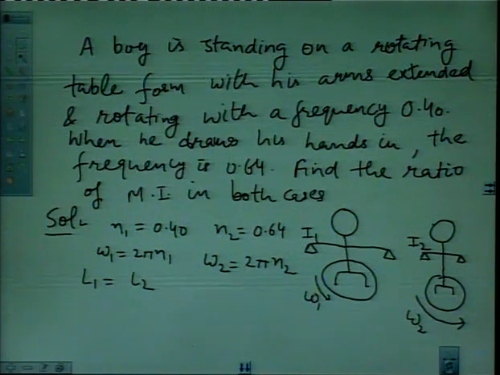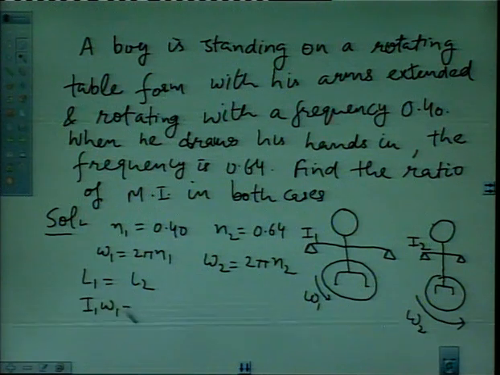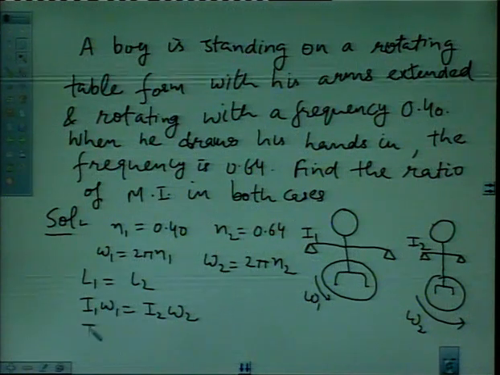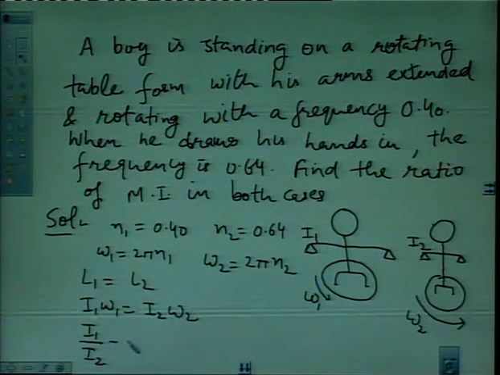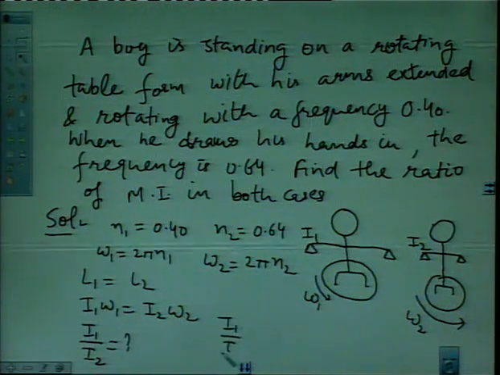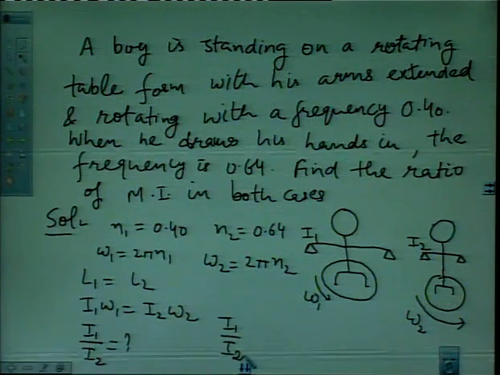So, L1 is equal to L2, we can say I1 omega 1 is equal to I2 omega 2. Now, we have to find the ratio of I1 upon I2, this we have to find.